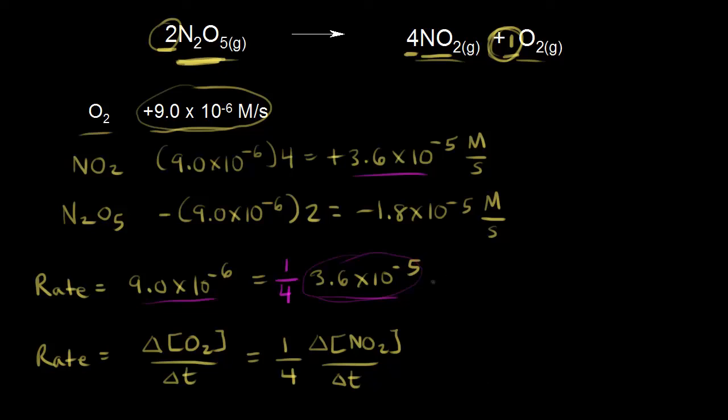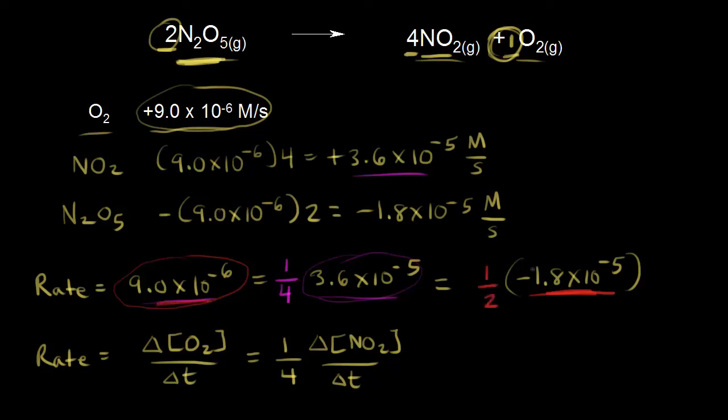All right, finally, let's think about dinitrogen pentoxide. So we said that was disappearing at negative 1.8 times 10 to the negative 5. So once again, what do I need to multiply this number by in order to get 9 times 10 to the negative 6? Well, this number in terms of magnitude was twice this number, so I need to multiply by 1/2.